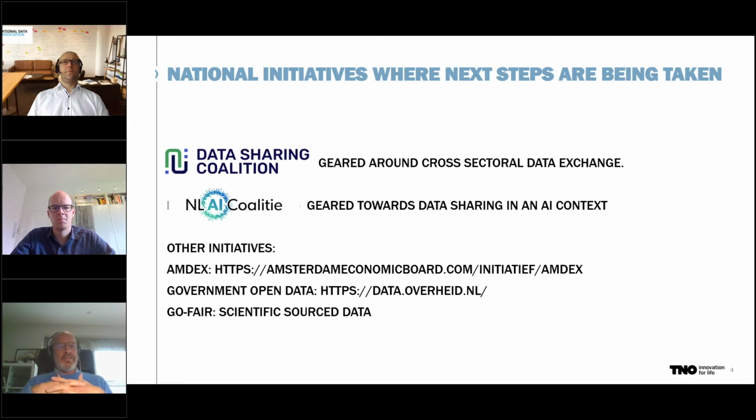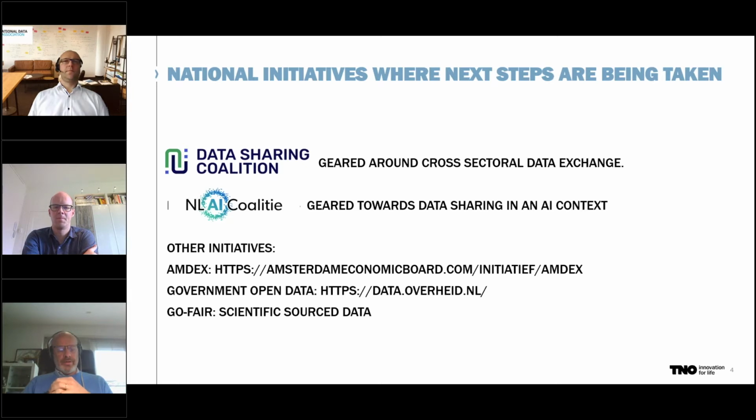Their AI basically is the starting point, but there very soon the AI community, and this is roughly 400 organizations in the Netherlands, earmarked data sharing as a crucial component for the Netherlands to speed up in the field of AI. So we need a lot of data in AI. It comes from different areas, different organizations, different silos.